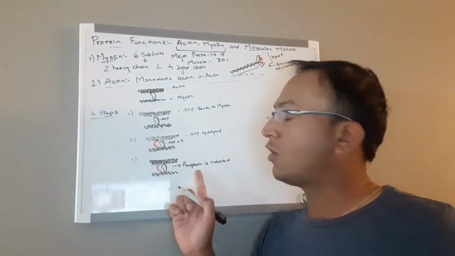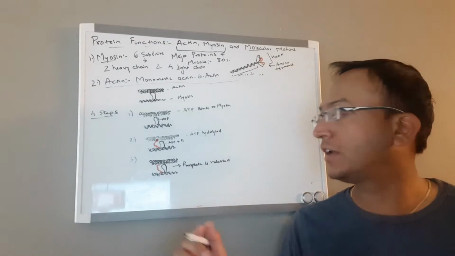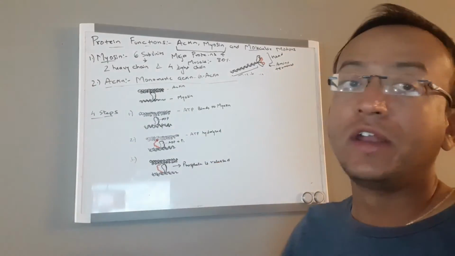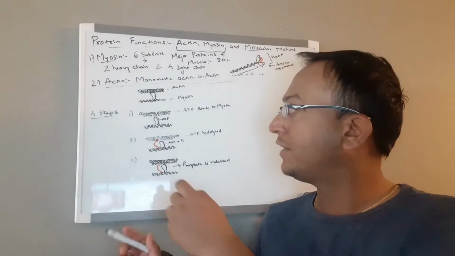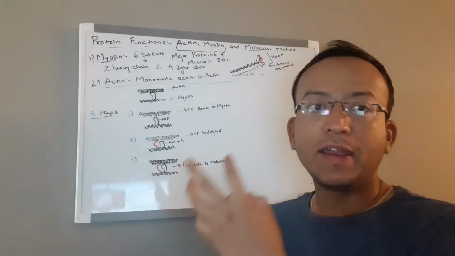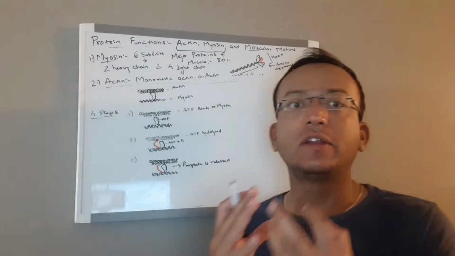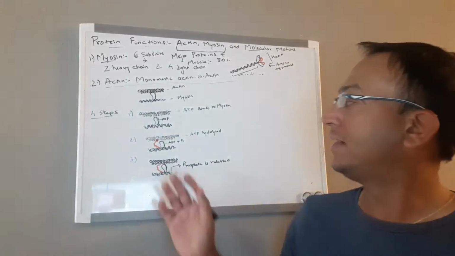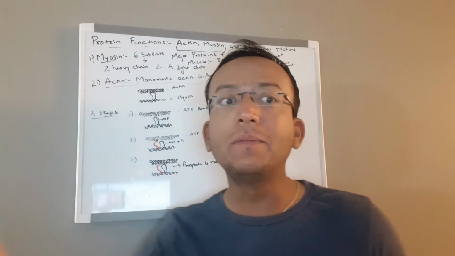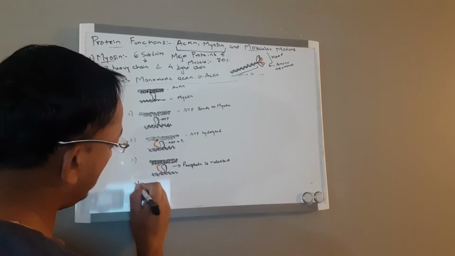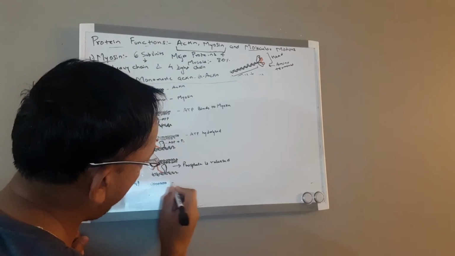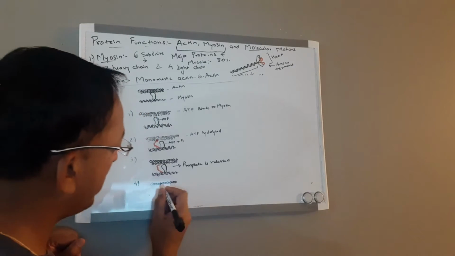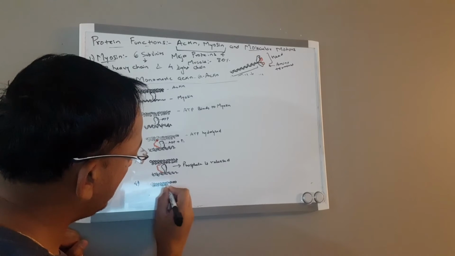So another conformational change occurs in the myosin, and the cleft that was open now closes, and that strengthens the myosin-actin binding. And this step is followed immediately by step 4. Right, so you can see that.